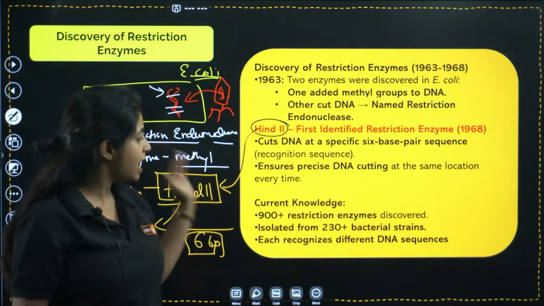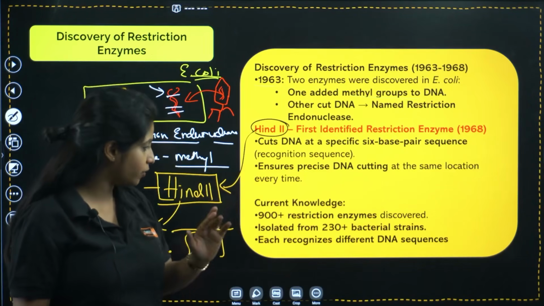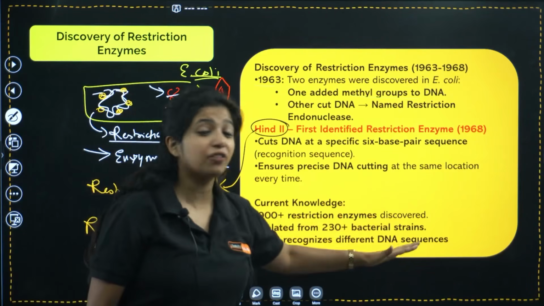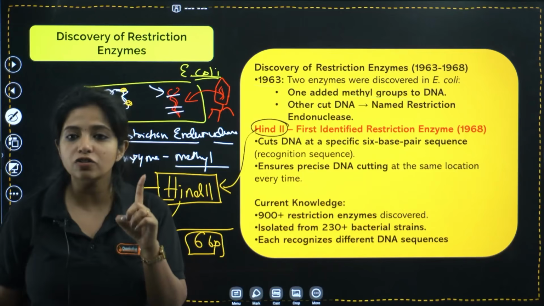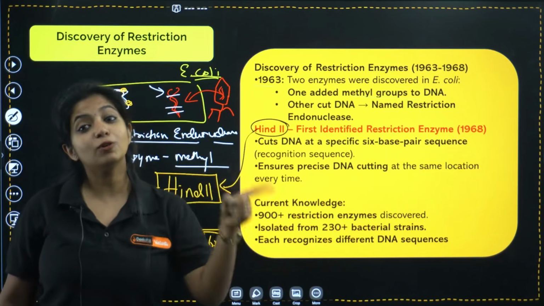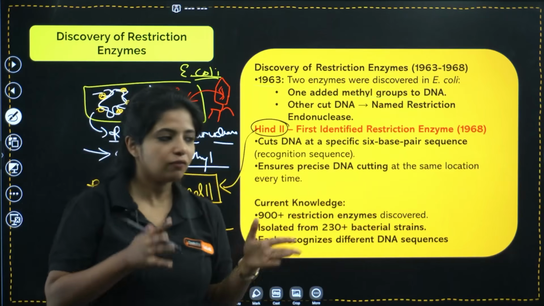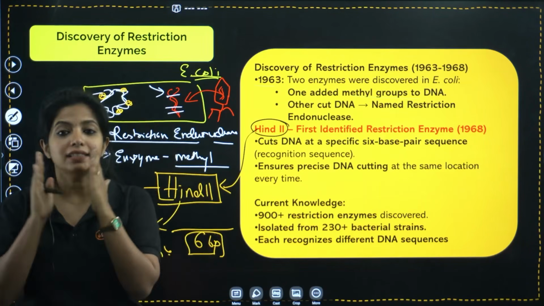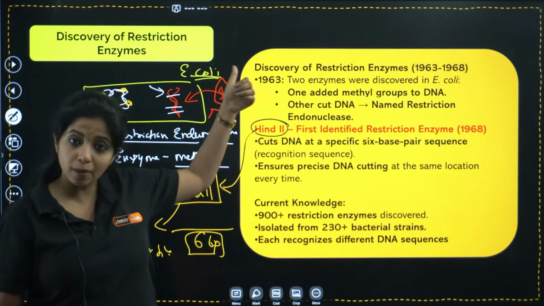Current knowledge: 900 plus restriction enzymes are discovered, isolated from 230 plus bacterial strains, and each recognizes different DNA sequences. So how many restriction enzymes are found? 900 plus. From how many bacteria? 230 plus. And each of them has a different recognition site as well. So always remember, the discovery of restriction enzymes started from 1963.